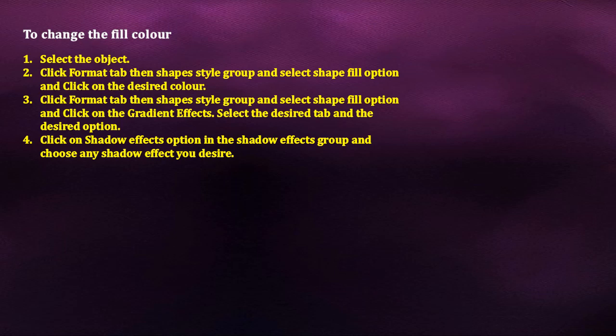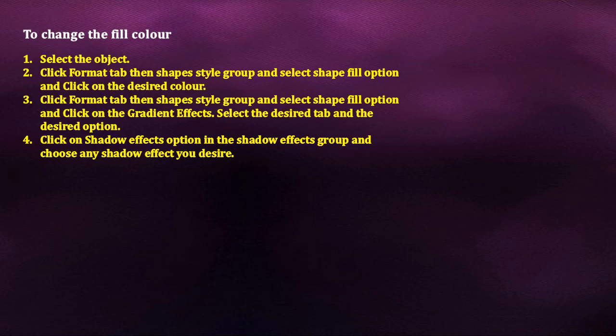For example, if you have drawn a square shape, you need to select the square shape. Then click the Format tab, then the Shape Style group, select the Shape Fill option and click on the desired color. By this, the square shape will get a color. Whatever color you have chosen, that color will be shown on the shape.